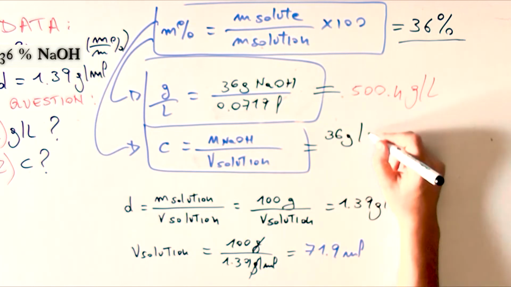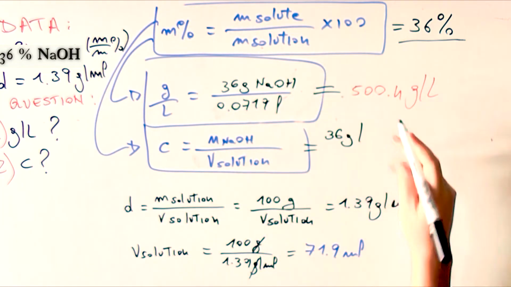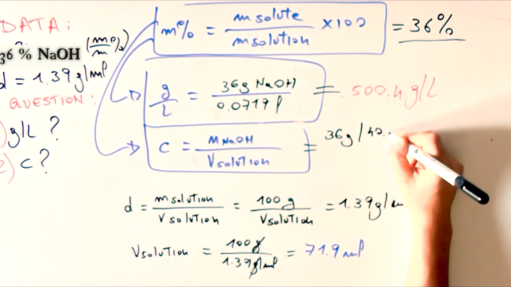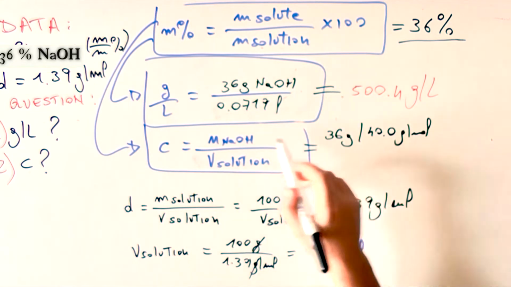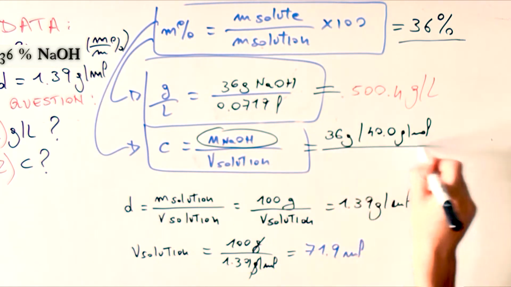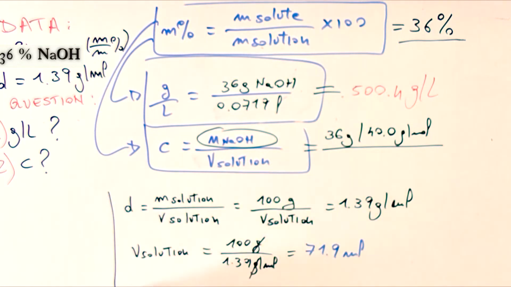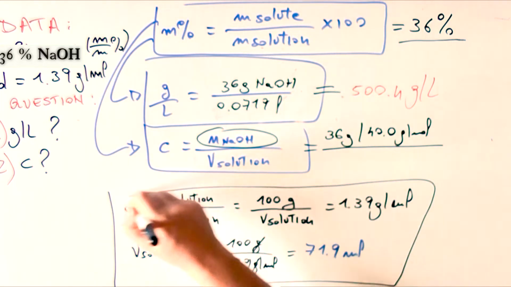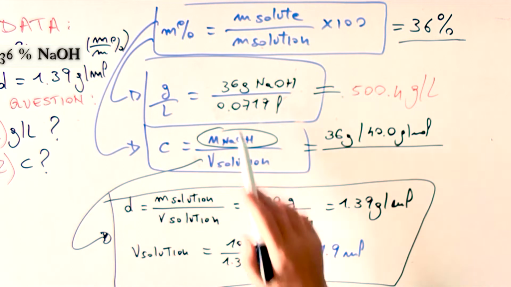if you divide it by the molar mass of NaOH, which is 40.0 grams per mole, you are calculating this amount. And if you divide it by the volume of solution, which is exactly the same we have done here, it's the same calculation we have already done for this one.